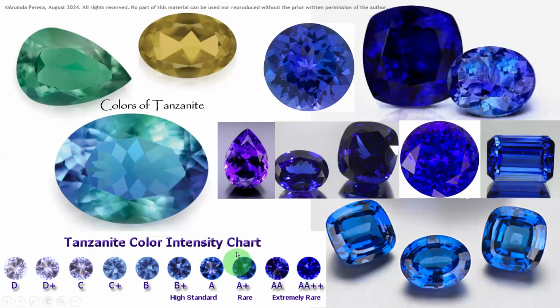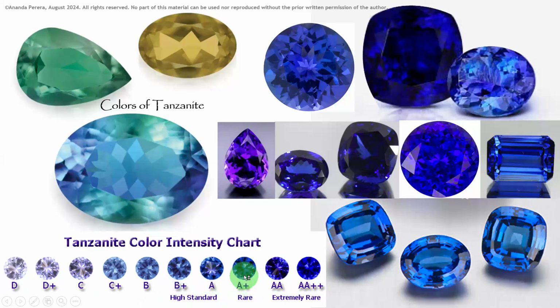The other gemstones are not graded like this. There are two color grades each: C and C plus, D and D plus, B and B plus, A and A plus, double A and double A plus. B plus and A are considered high standard colors.